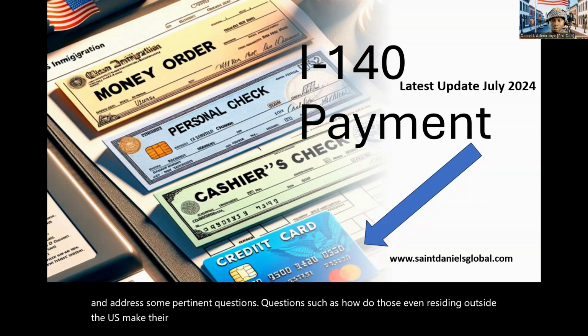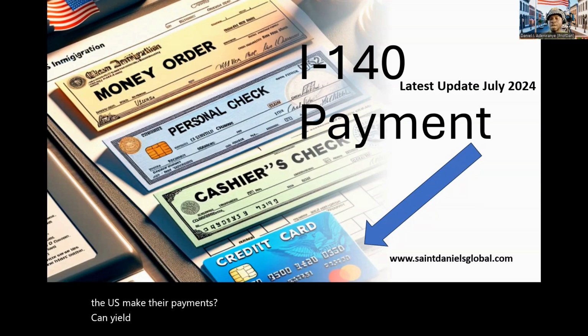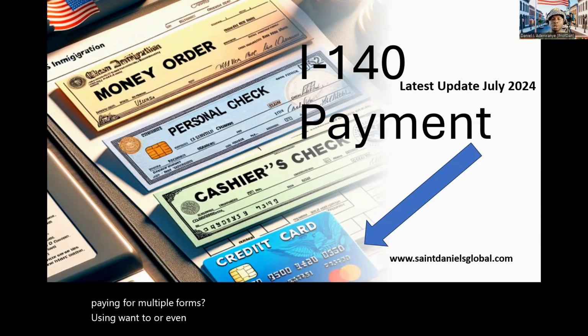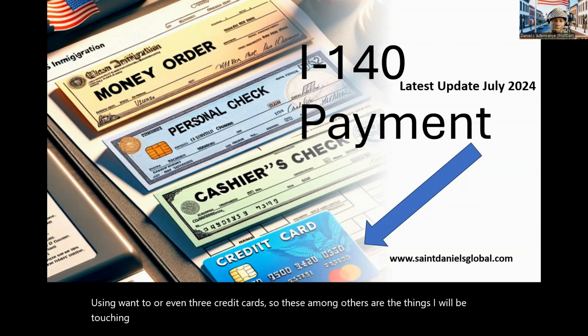Can you, the petitioner, use someone else's card details? Or, for those of you using credit card payments, how many Form G-1450s do you need to fill when paying for multiple forms using one, two, or even three credit cards? So these, among others, are the things I will be touching on in today's video.